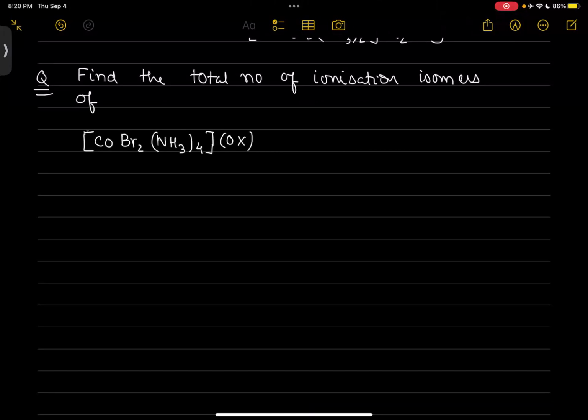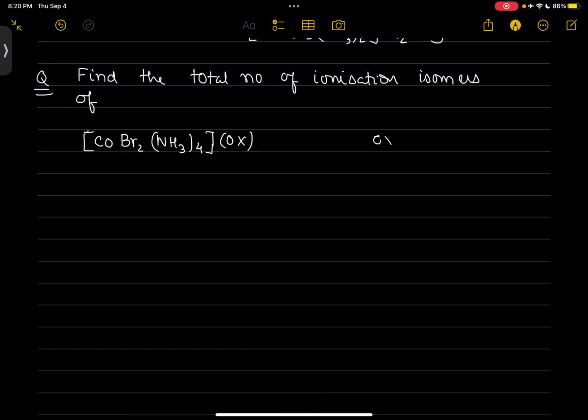That is very important to solve this problem. We need to know what kind of ligand oxalato is. Bidentate, yes, exactly. It is a bidentate.